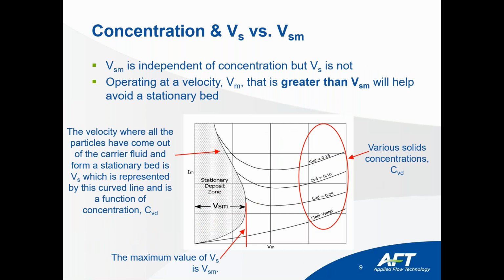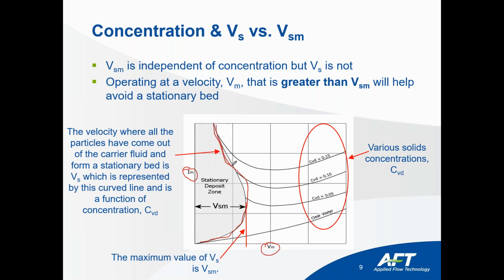Okay, let's talk about the settling velocity itself. The settling velocity is dictated by this curve here. So as I follow along that curve with my beautiful artwork, this is a pressure gradient versus velocity.